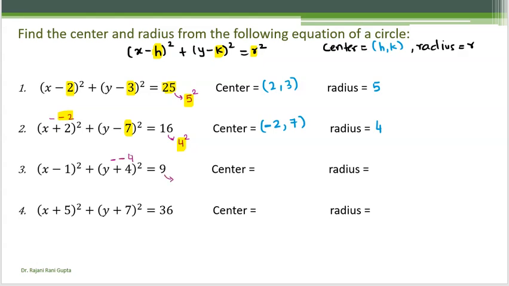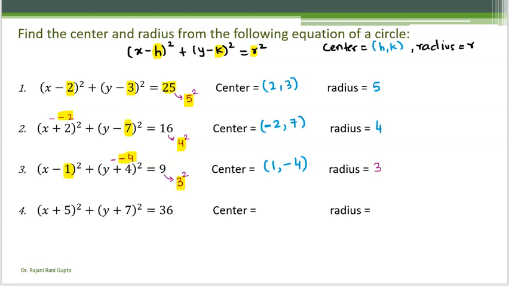Writing 9 as a perfect square, it is 3^2. So your radius is 3. Talking about the center, the value of h is 1 and the value of k is -4. So the center is (1, -4).